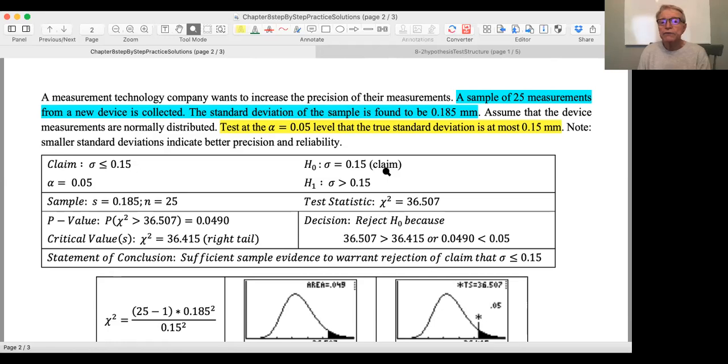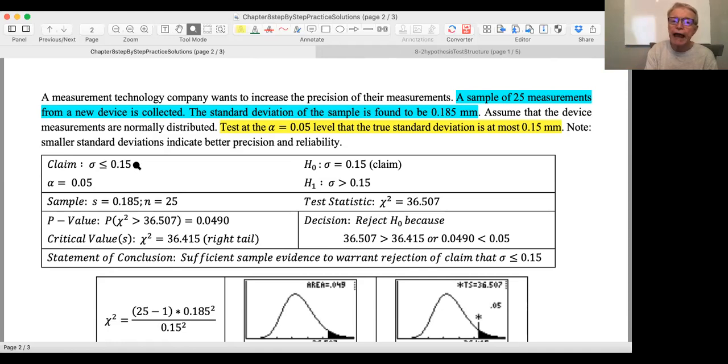Test that the true standard deviation, so we got a parameter, standard deviation, is at most, there's our relationship, at most 0.15, and so we've got a value. So what do we have here? Sigma is our parameter, 0.15 is our value, and the relationship is at most, that means that number or fewer. So that means equal to that number or less than that number, which means it's less than or equal. So here is our claim.